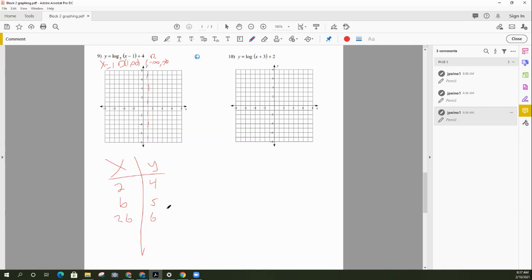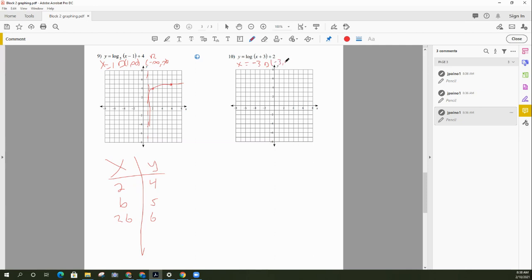So I'm only going to be able to plot those two points there, 2, 4, and 6, 5. There you go.